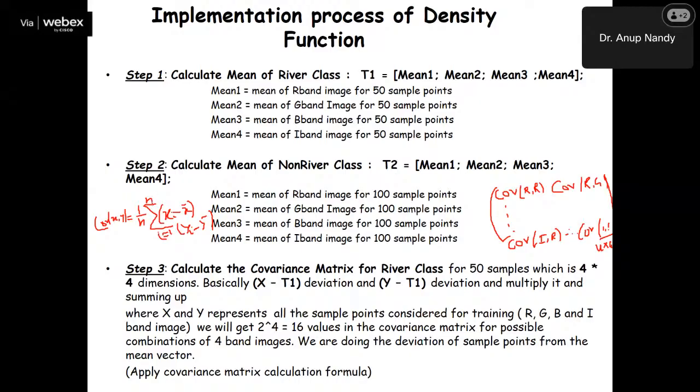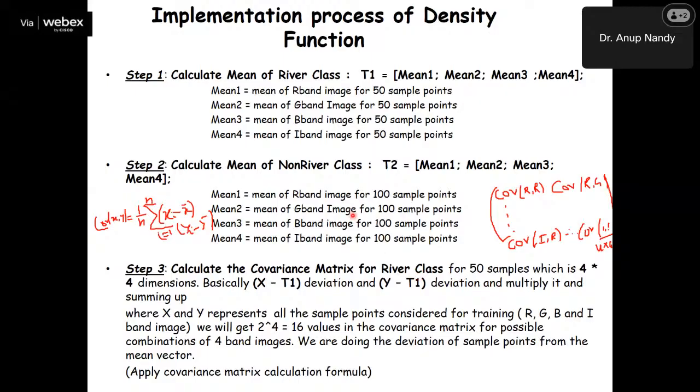Here also we have seen the deviation, x minus t1 deviation into y minus t. Here t1 is nothing but the mean. So xi minus x bar, you are trying to extract the value from the mean for this river class, and yi minus is for the non-river class.